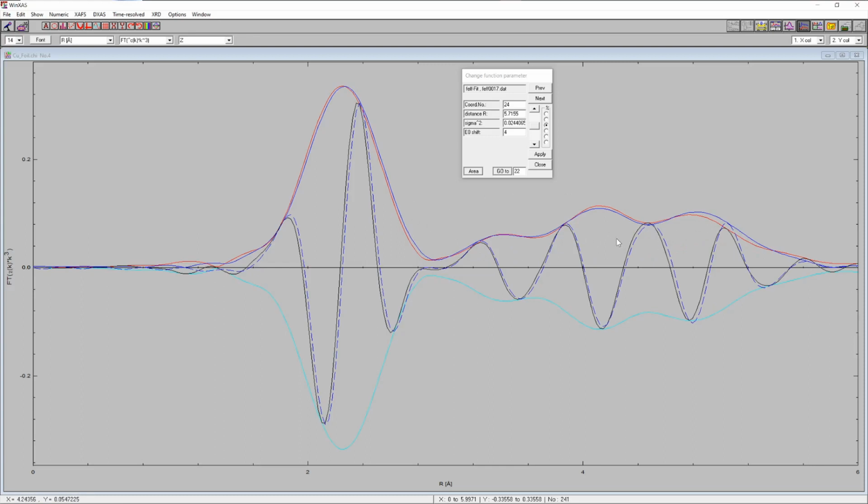So the calculation of the Debye-Waller factors of the multiple scattering paths is not the problem. It is really a question of how to calculate the Debye-Waller factors of the higher single scattering path in the refinement.